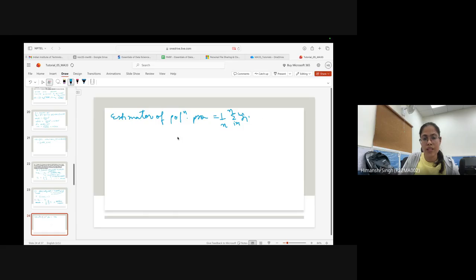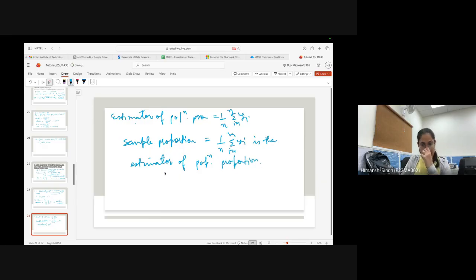So basically the estimator of the population proportion is the sample proportion, which is equal to 1 upon n summation yi, i going from 1 to n, is the estimator of the population proportion.